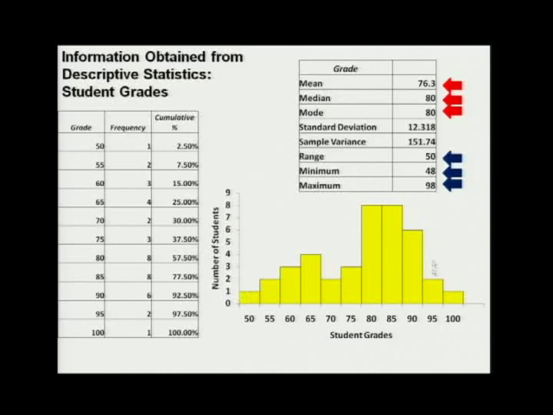So when we have the histogram, we are actually completing the information that we need to obtain from a set of data. We can look at this histogram, and as you can see, all the grades are displayed in categories or classes, and we have bars representing the frequency corresponding to each class.